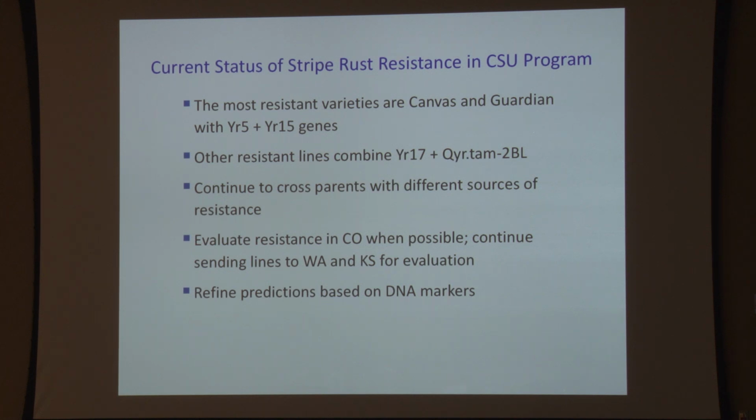So those two most resistant have pyramided YR5 and YR15. There are other resistant lines that combine the YR17 and the TAM111 genes.